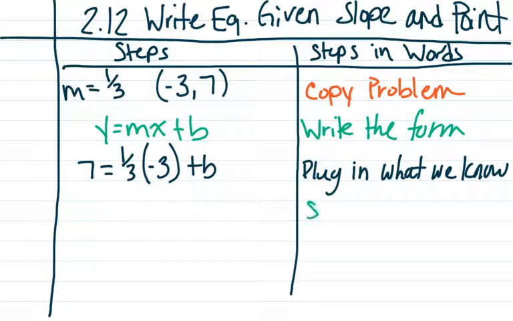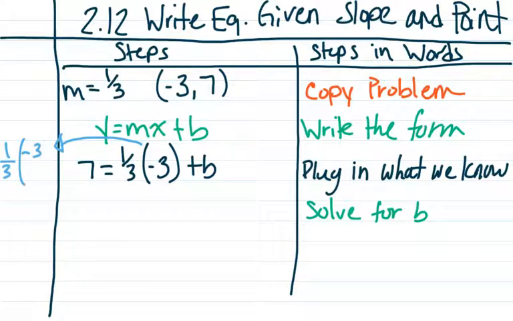And this is where I'm going to go out here to this side note when we solve for b. So that's our next step, we're going to solve for b. And I'm going to take this out here so that you can see this better. So this is 1/3 times -3, and because we have a fraction, we're going to work all in fractions, so we're going to put that over 1. And then we're going to multiply straight across. So when we do that, we end up with -3/3, which simplifies to be -1.